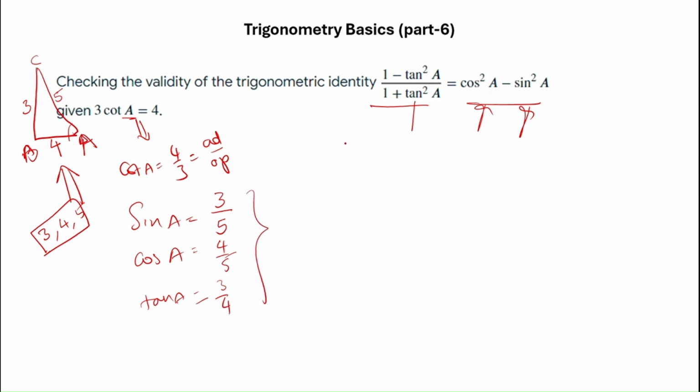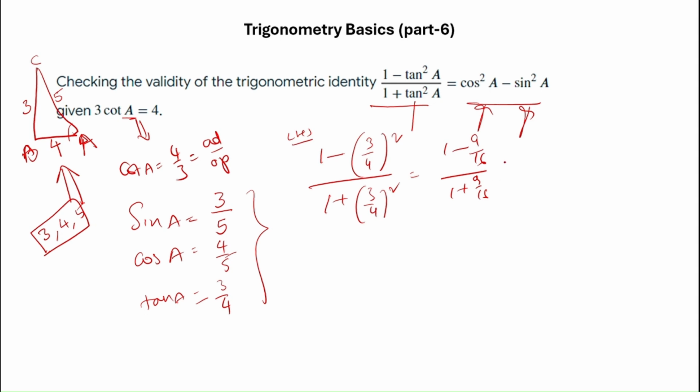Now with the help of this, I will take the LHS of the identity: 1 minus tan square A by 1 plus tan square A. The tan is 3 by 4, squared, so it is 1 minus 9 by 16 over 1 plus 9 by 16. If I evaluate, 16 minus 9 by 16 plus 9, the value will be 7 by 25.